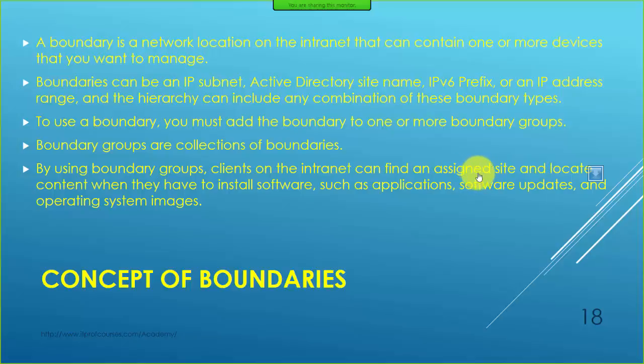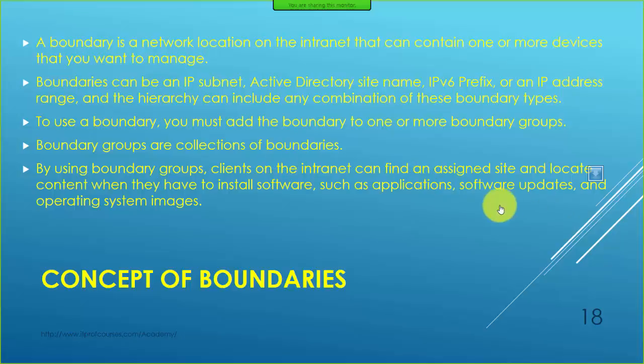So Toronto computers should be assigned Tor site. Remember that when we were installing the SCCM, we had to assign a 3-letter word for a site. So Tor or Toronto is our site, but computers of London should have LON, and computers of New York can have NYC. So a 3-letter word for a site assigned. That's what they discover when we have properly configured the boundary groups.